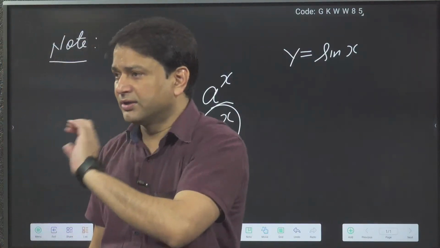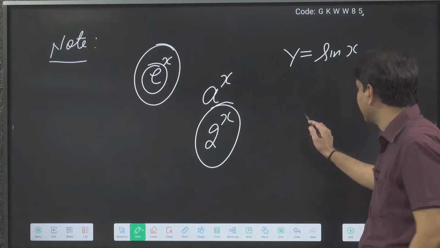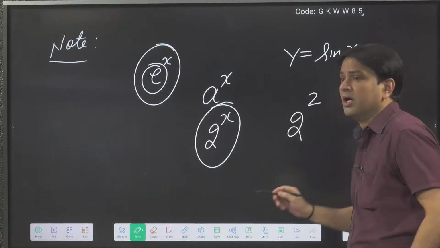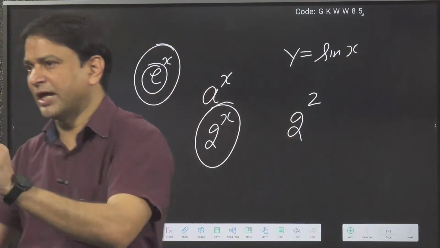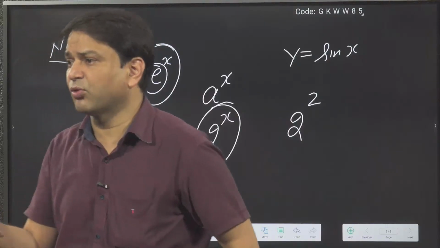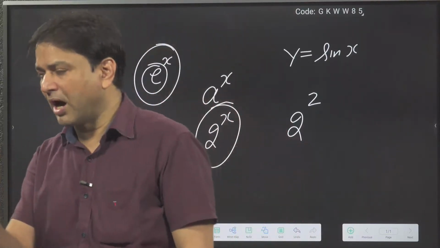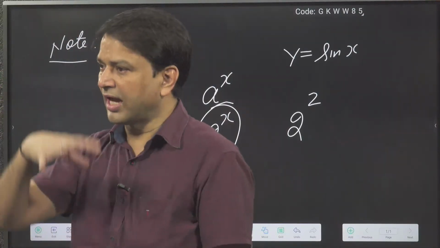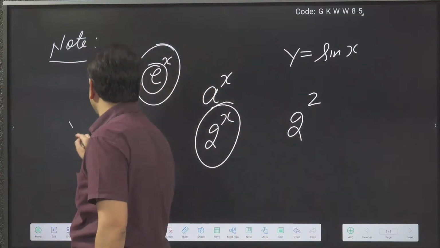Now, when the power is a pure number, then 2 to the power 2 will also give a pure number. So in the exponential function, the power is dimensionless, as well as the exponential function itself is dimensionless.